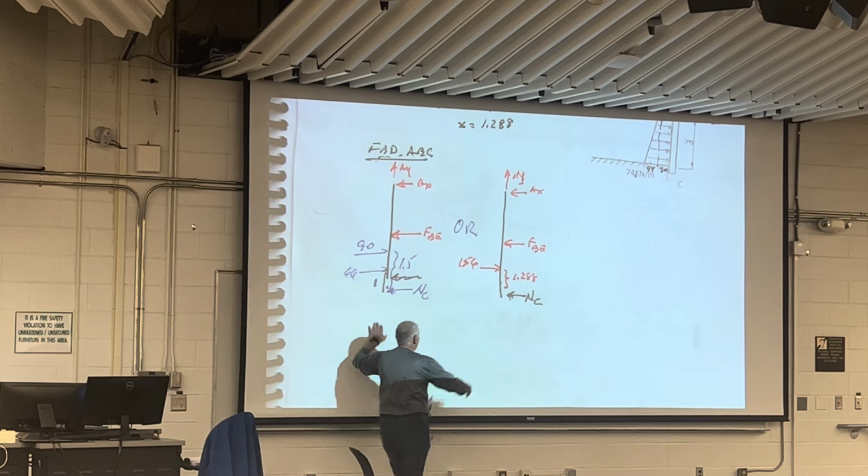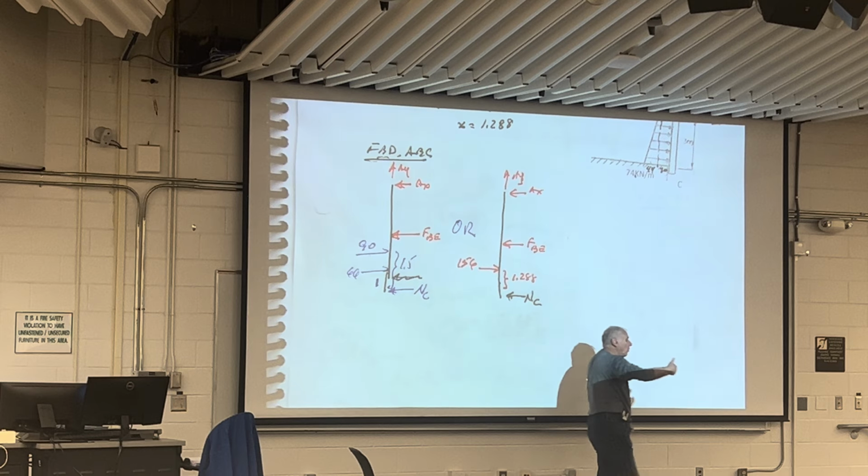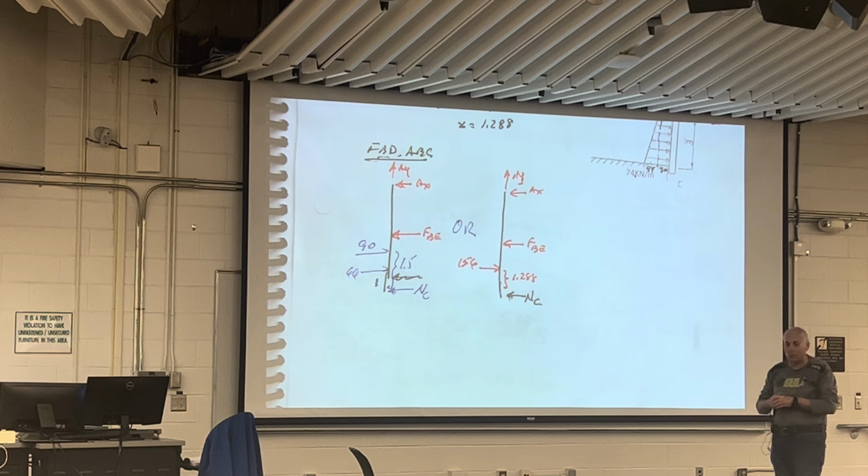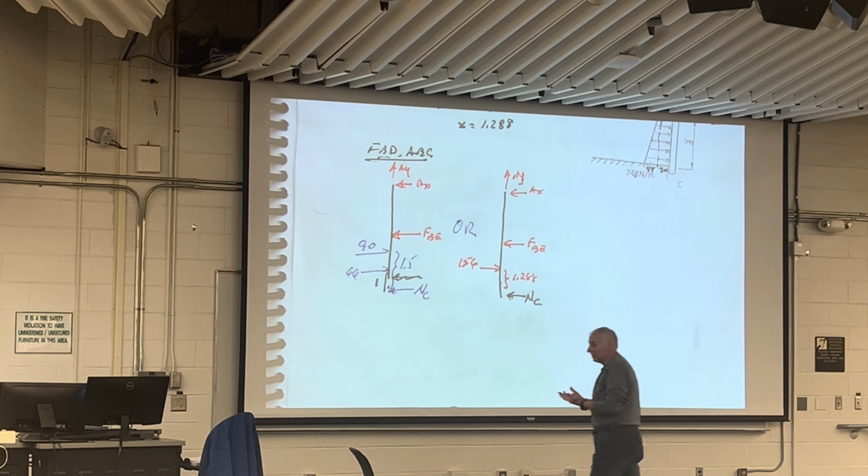I could do this or I could do this. So if it doesn't say take it down to a single force at a known location, then you don't have to. You just leave it 90 and 66 at those locations of 1 and 1.5. You'll still get the right answer.